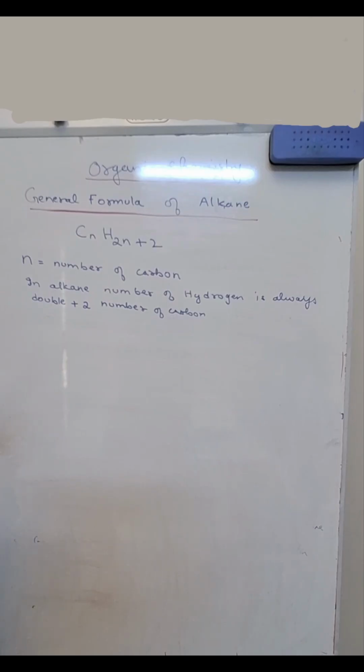Double plus 2 the number of carbon means what? If the number of carbon is 2, the number of hydrogen will be double of 2 plus 2.